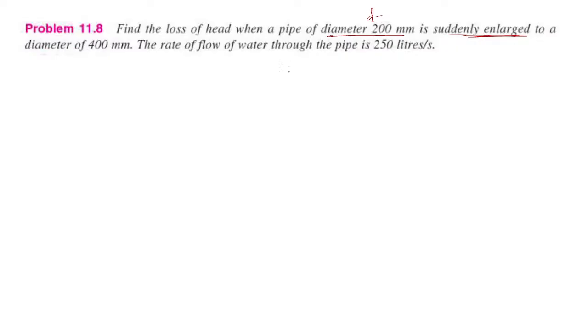When such a problem is given, it is very important that you first make a sketch or layout of it. You can make a simple schematic diagram like this and mark one section as section 1 and the other as section 2.